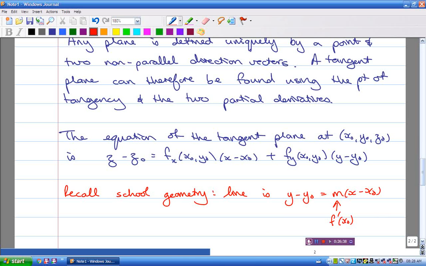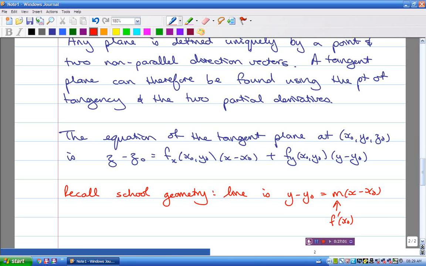I hope it does. See how this tangent plane equation is basically just added one more term, but one more term that looks just the same. We're just adding another dimension, orthogonal to the first one. So really, this is just like your straight line equation, just stepped up a bit.